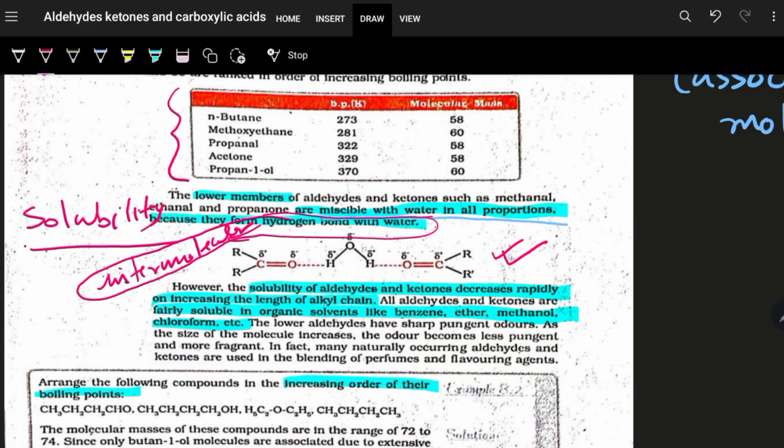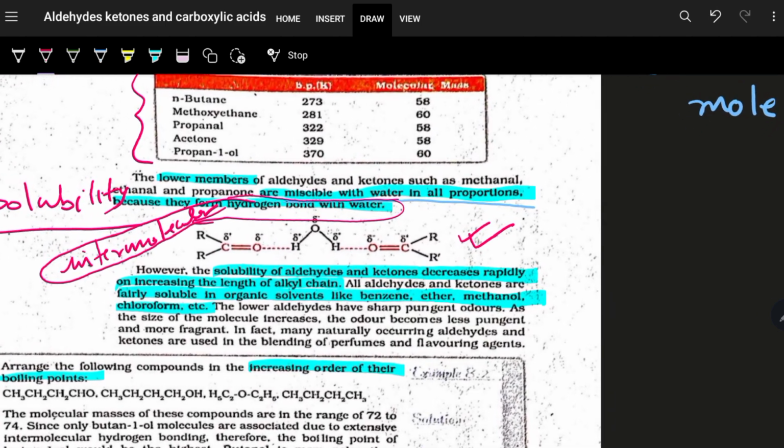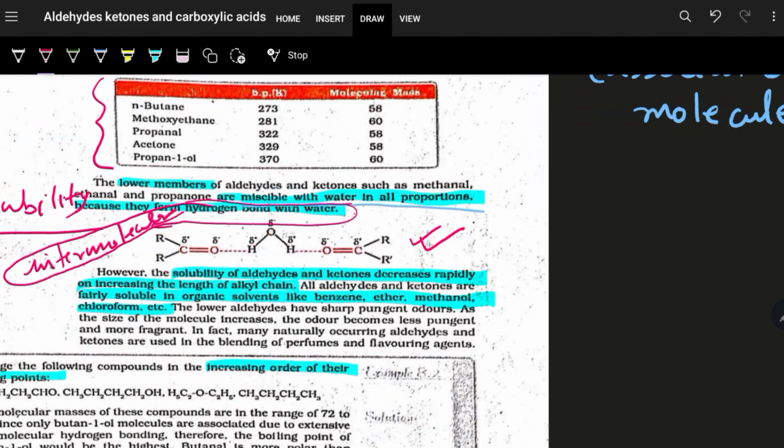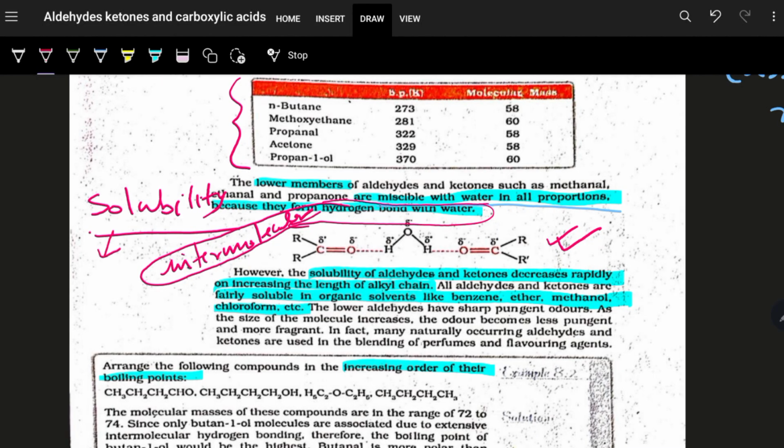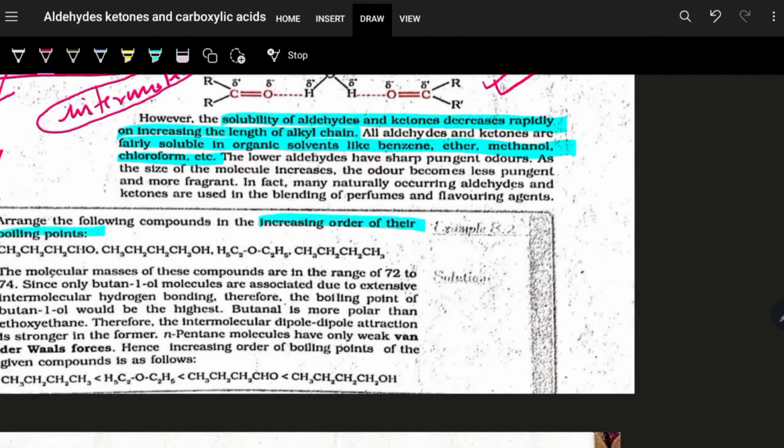So lower members like formaldehyde will be more soluble than RCHO, and the solubility order also is HCHO is more soluble than RCHO, which is more soluble than RCOR, a ketone. The reason behind the solubility in all cases is the ability of forming intermolecular hydrogen bonding with the water molecules. So this is what we have discussed.